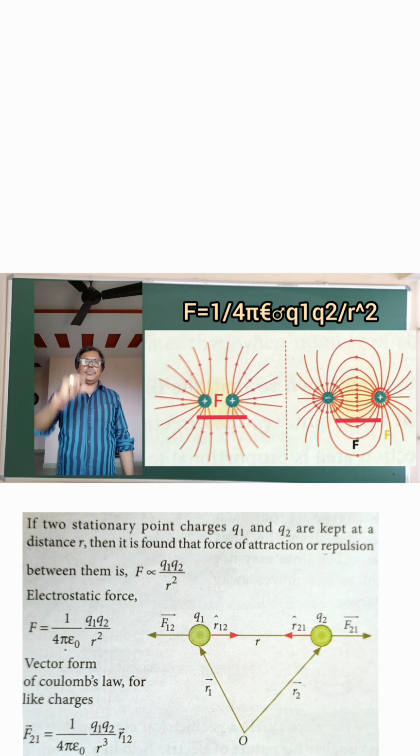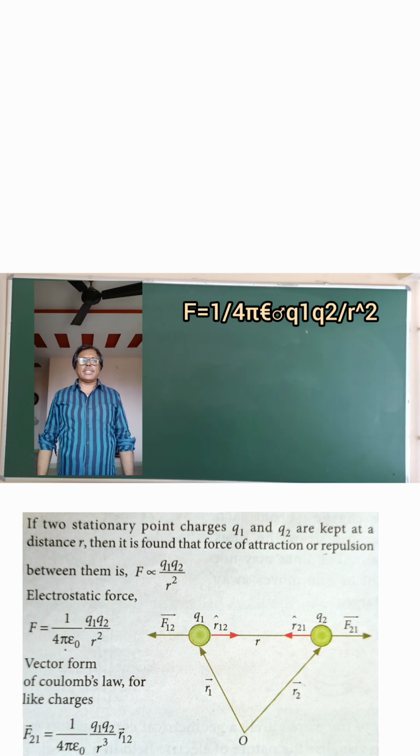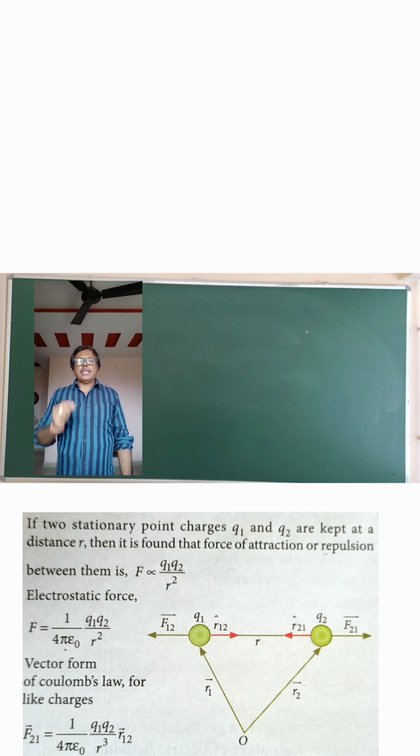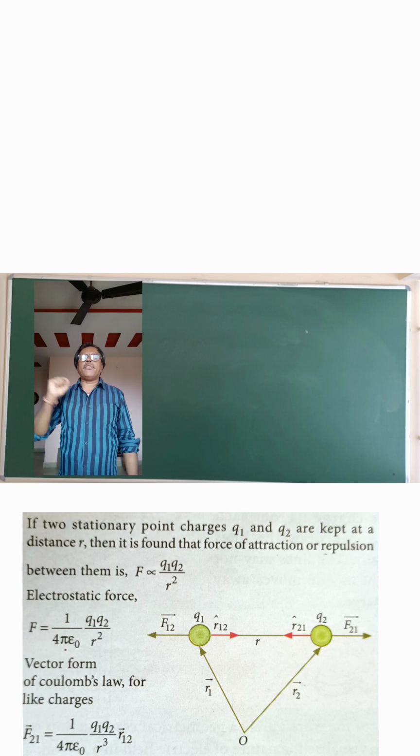These two relations can be combined together as F is proportional to Q1 Q2 by R square. F is equal to some constant K into Q1 Q2 by R square, where K can be taken as 1 by 4 pi epsilon 0, where epsilon 0 is the permittivity of free space or vacuum.